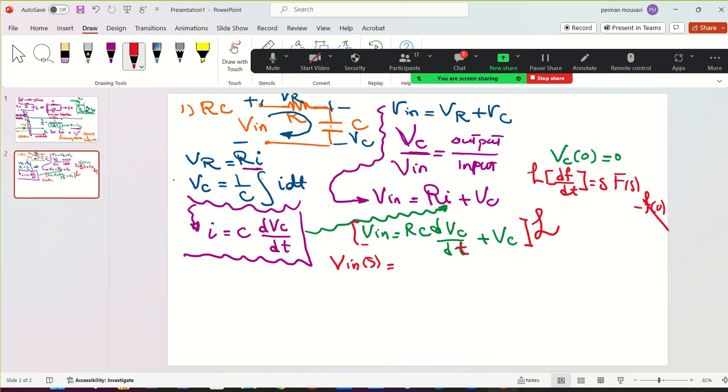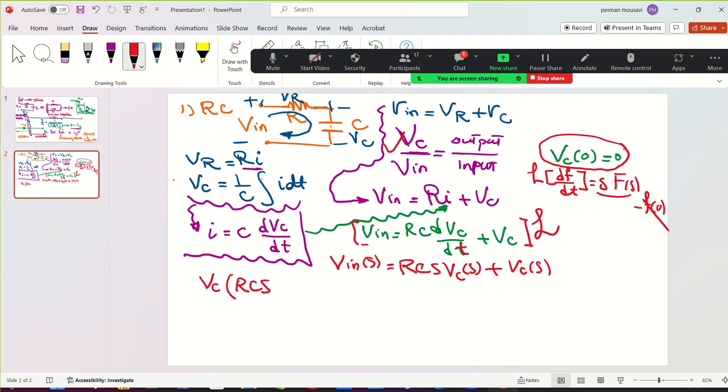So this is 0 because of this. Here we go. RCs Vc(s) plus Vc(s). We got that. Closed loop transfer function of first order system RC. So Vc, I'm dropping these s's because we know that, is RCs plus 1 equals to Vin.